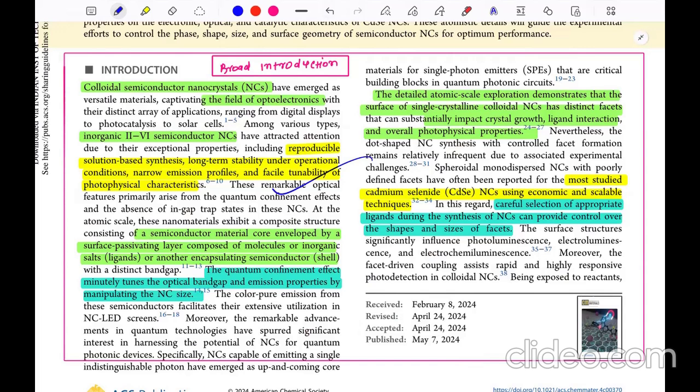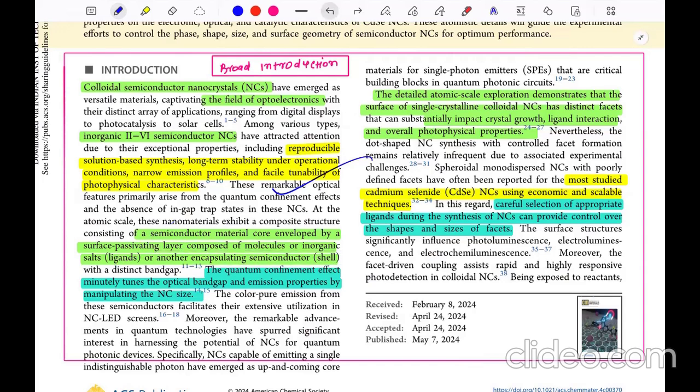They are stable for a long period of time under operational conditions due to their narrow emission profile, facile tunability of photophysical properties, and also they can be developed as a semiconductor material core enveloped by a ligand passivating surface or another encapsulating shell, like core-shell type of semiconductor, and this is like a ligand passivated type of semiconductor nanocrystal.